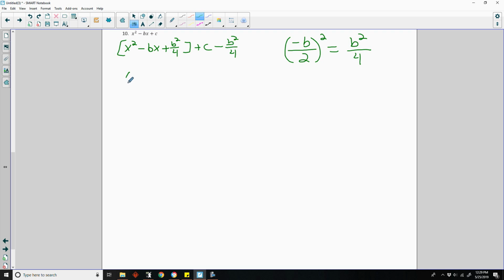And that will give us the perfect square of x minus what we have in parentheses, b over 2 squared plus c minus b squared over 4. And this, my friends, is the formula for completing the square.